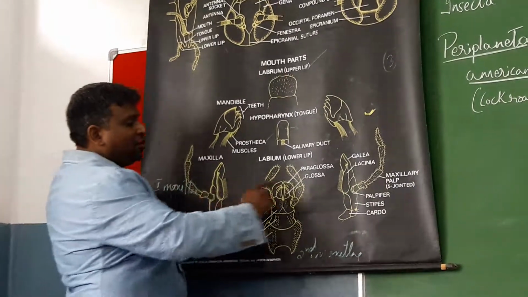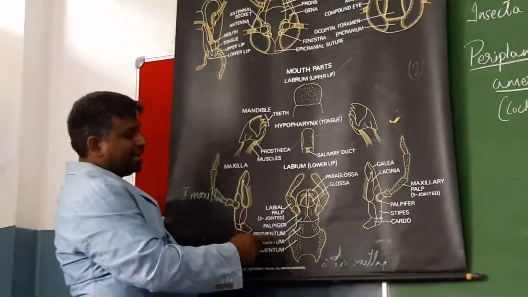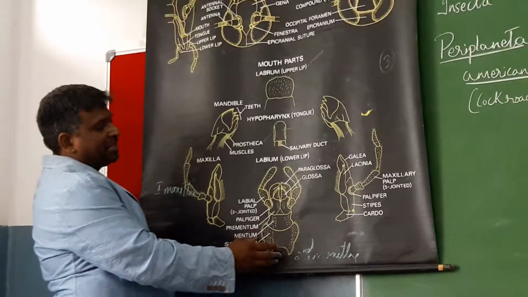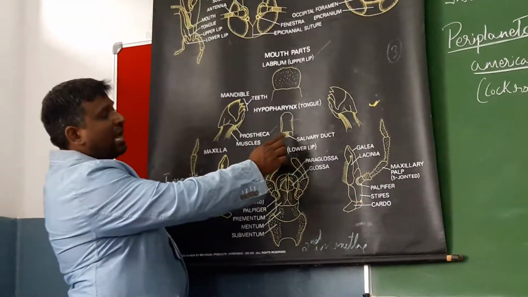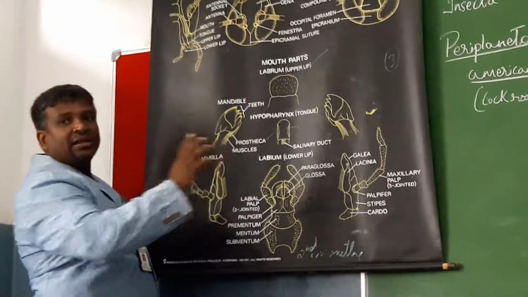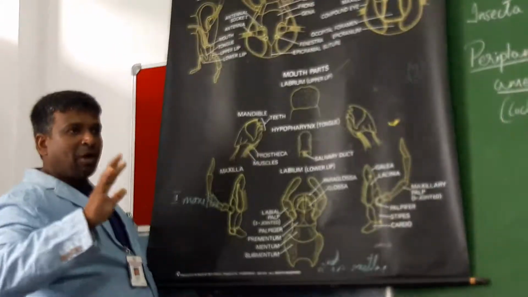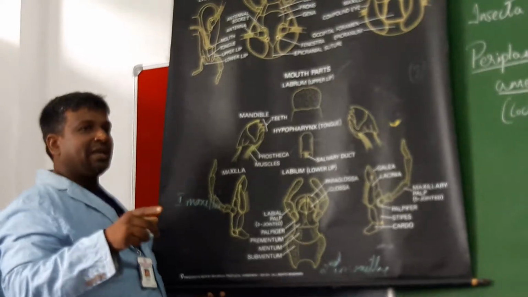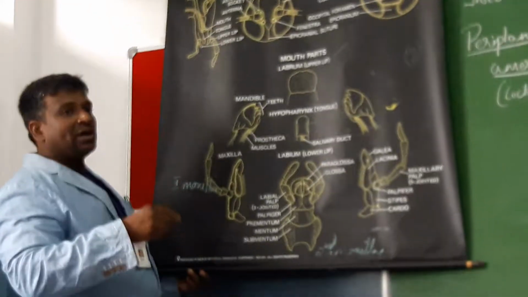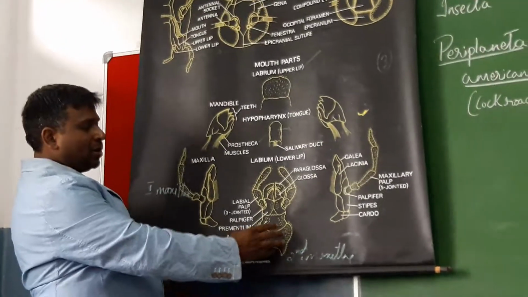Okay, and a pair of maxilla are there, and this is the lower lip, which is longer. They also have hypopharynx or tongue, noticed even in case of the cockroach. So the mouth parts of cockroach are, they have an upper lip which is called as labrum, the lower lip which is called as labium, lower lip is longer.